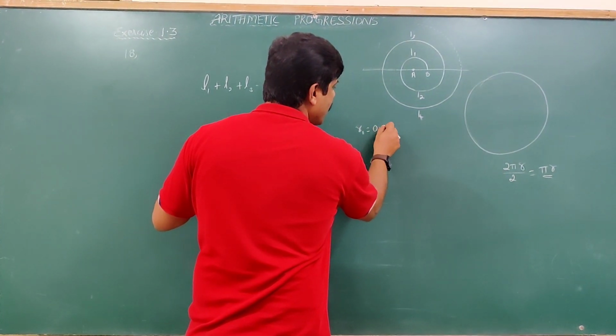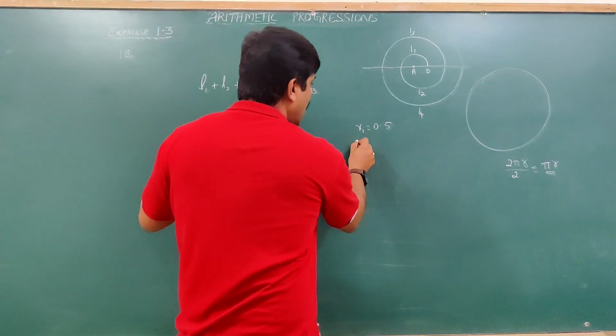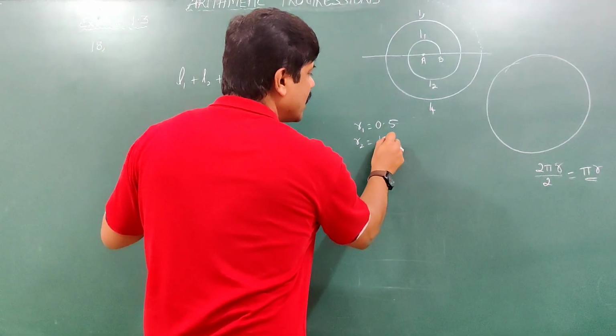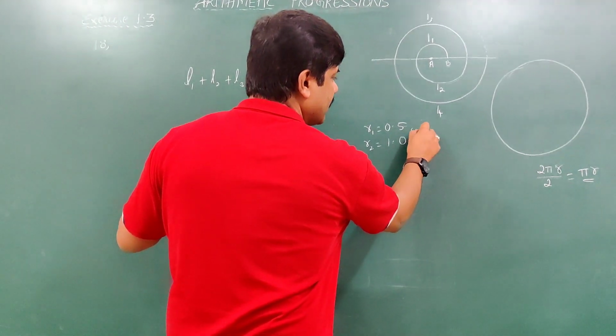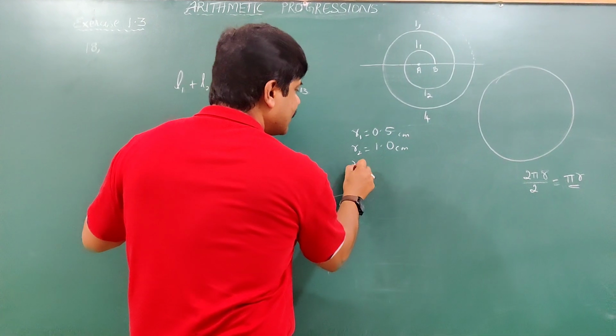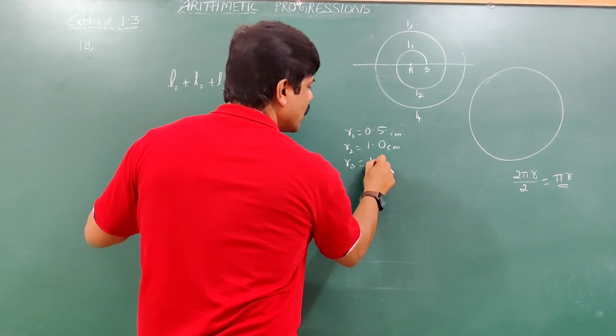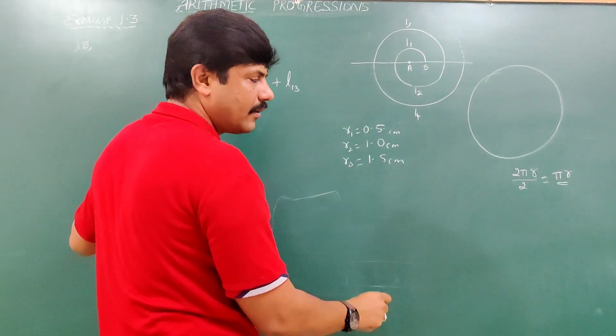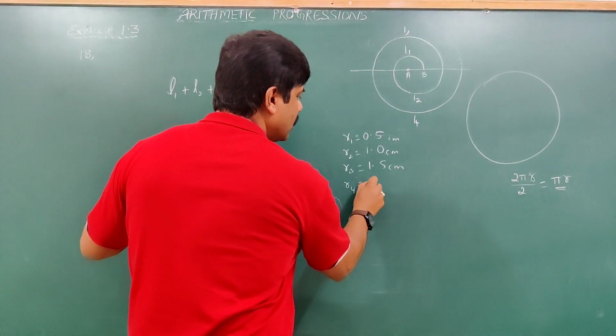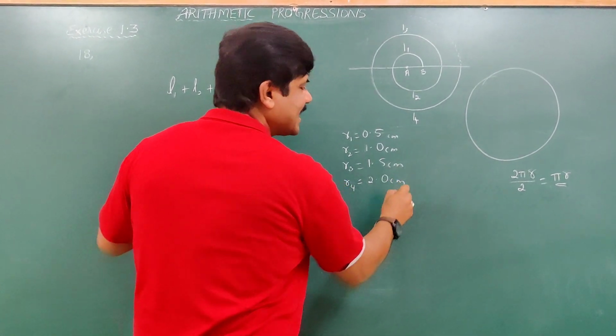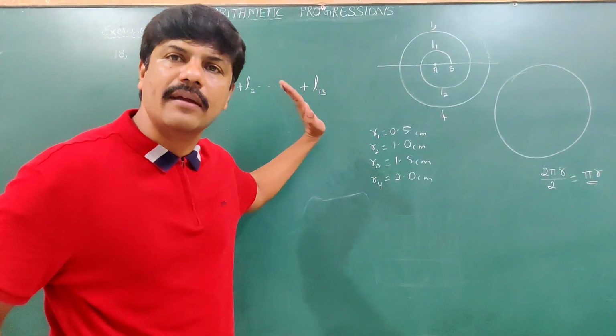R1 is 0.5. What is R2? R2 is 1.0. All these are in centimeters. What is R3? R3 is 1.5 centimeters. R4 is 2.0 centimeters, etc. This is the clue given.